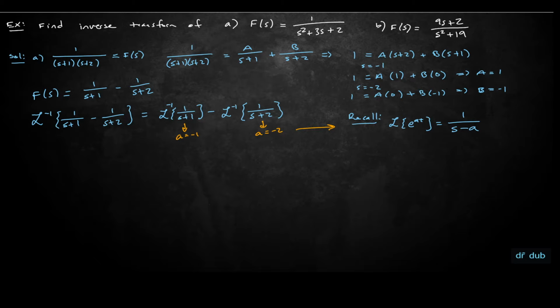So that's going to give us e to the -t minus e to the -2t. And that is our Laplace inverse for this function, part A.